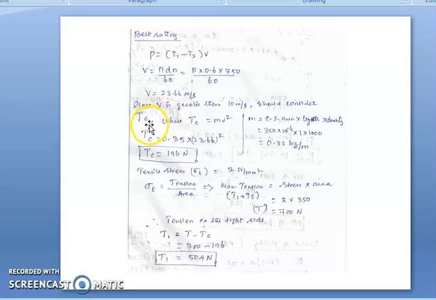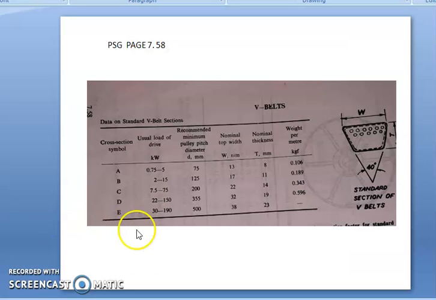So the centrifugal tension is nothing but Tc is equal to m v squared. We already know the mass of the belt formula, that is m is equal to area into length into density. The cross-sectional area of the belt is already given in the problem, and the density of the belt is also given in the problem. So per meter length we can use. So the mass of the belt is 0.35 kg per meter, or we can straight away find it from the design data book at page number 7.8, where we have selected the types of belt based on the power.